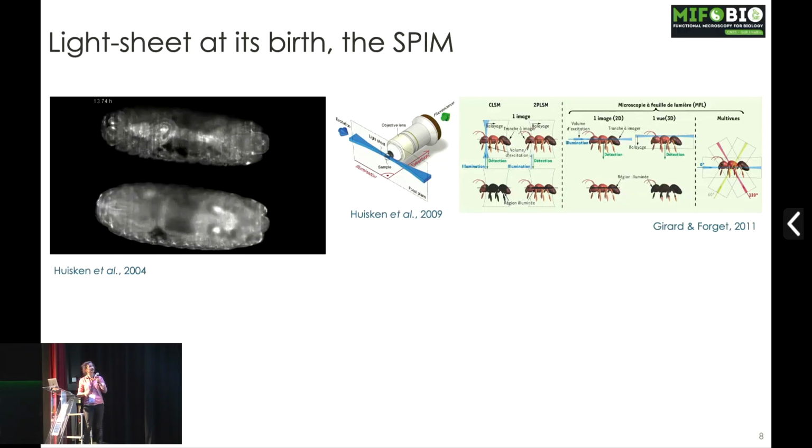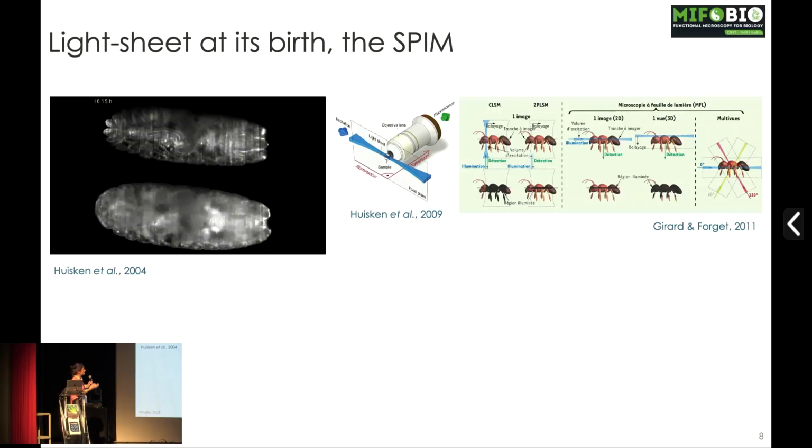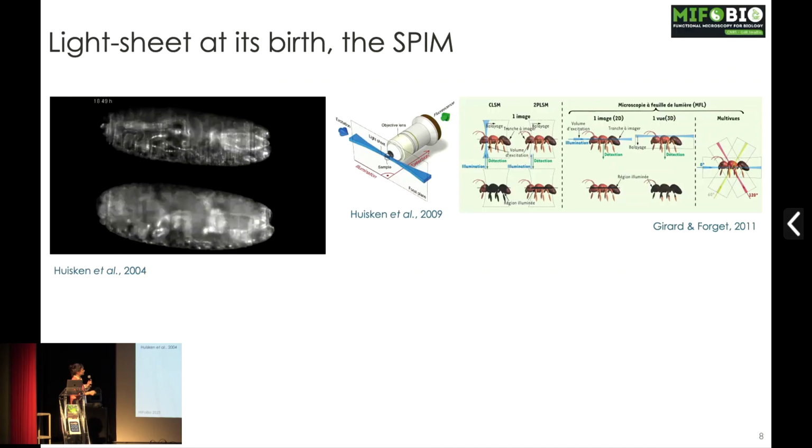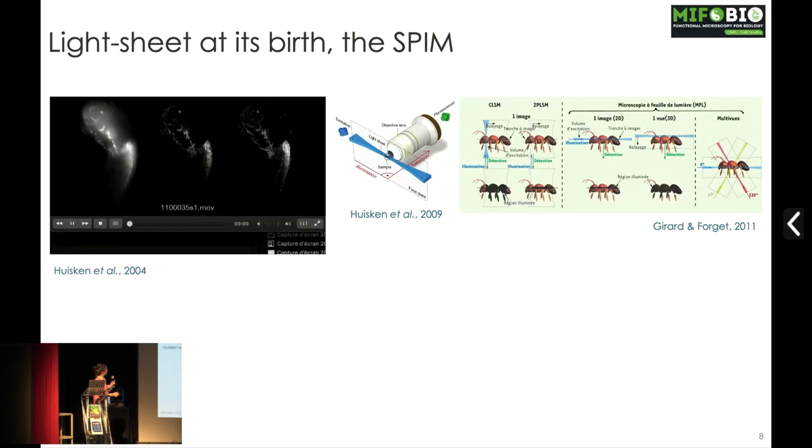And that was really a revolution, because the idea of having a perpendicular illumination and collection was not new, but applied to light and fluorescent imaging, it was really a sort of revolution.